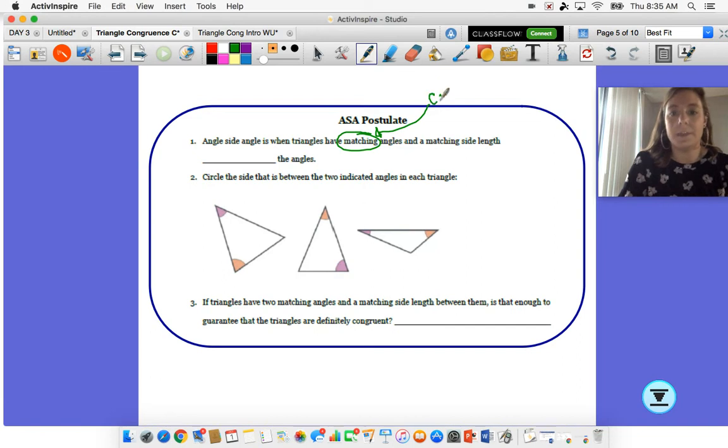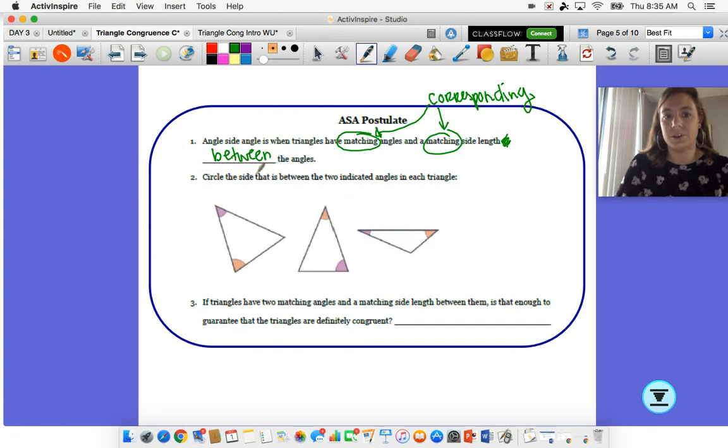But that word matching really means corresponding, right? So angle, side, angle is when triangles have corresponding angles and corresponding side lengths. Oh, and a corresponding side length between the angles, right?